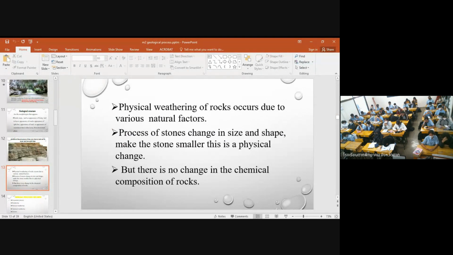Even if the stone becomes smaller, there is no change in what? Chemical composition. Just remember, no change in chemical composition of rocks.